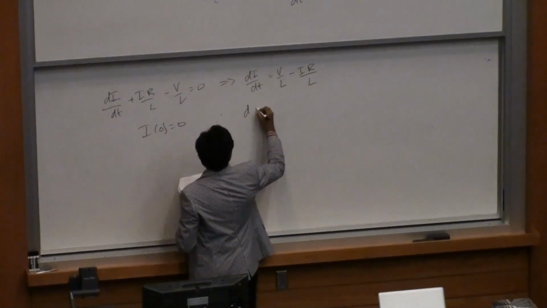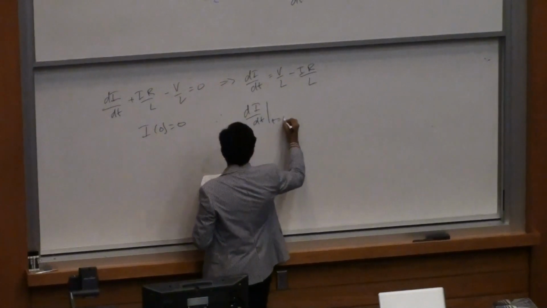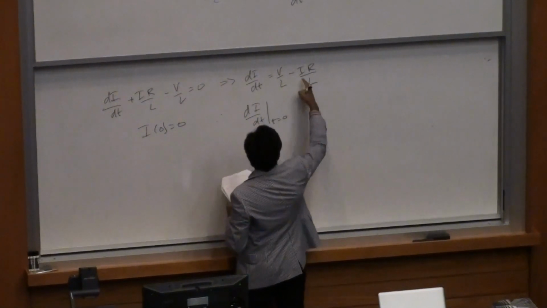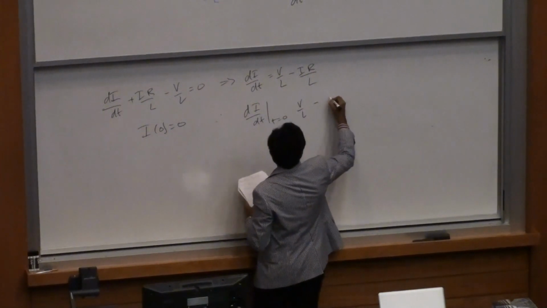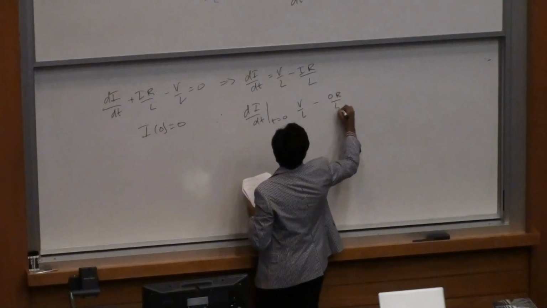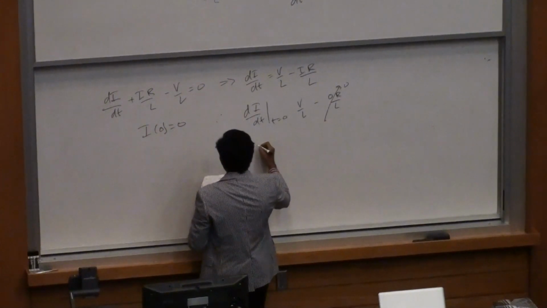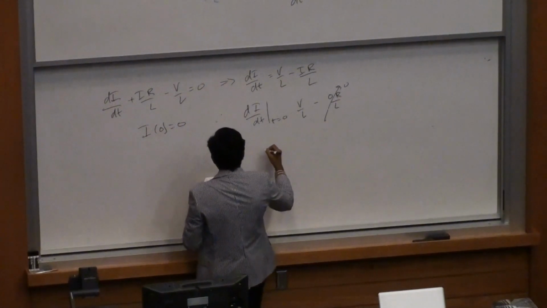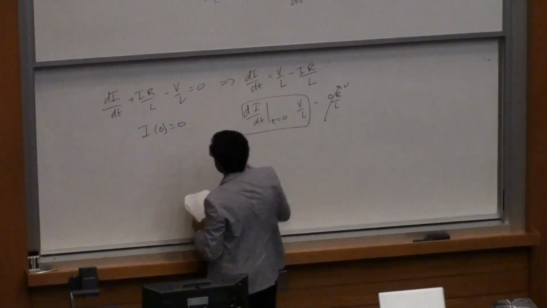Right? So therefore, when I apply this, di over dt at t equals 0, my current is 0, so I have V over L minus 0 R over L. This goes away. So this gives me that.